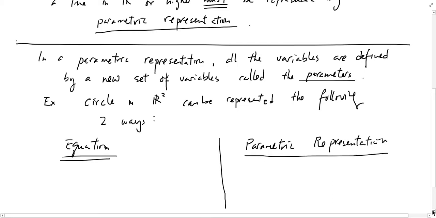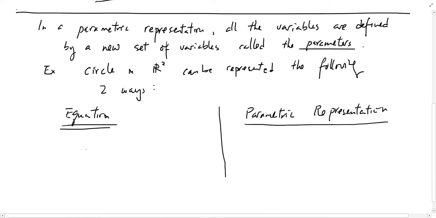In the case of a circle, we can represent a circle using an equation with this equation. Actually, maybe I shouldn't use r. Let's just say we have a circle of radius 1. How's that? x squared plus y squared equals 1.